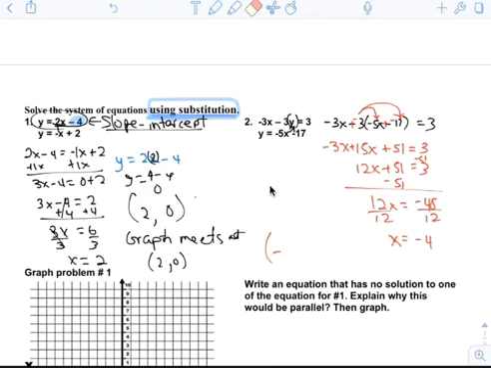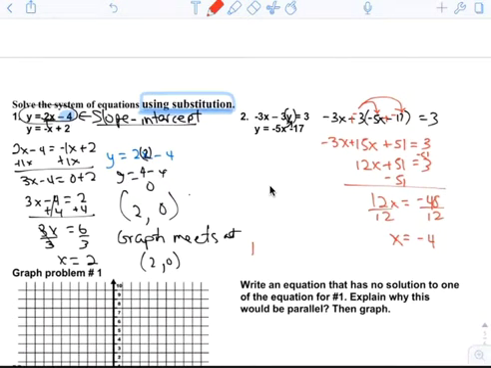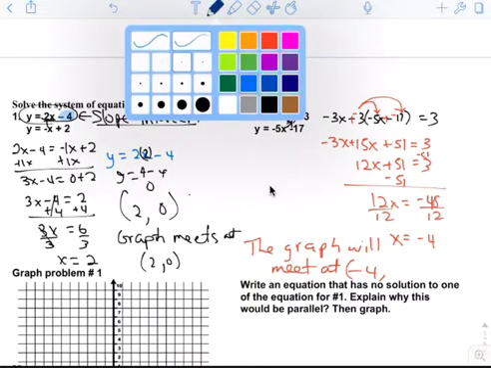The graph will meet at, it's one solution, right? The graph will meet at negative 4 and, let's see, we'll find out.